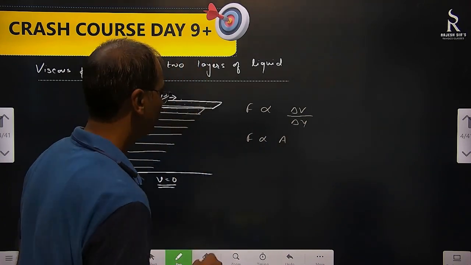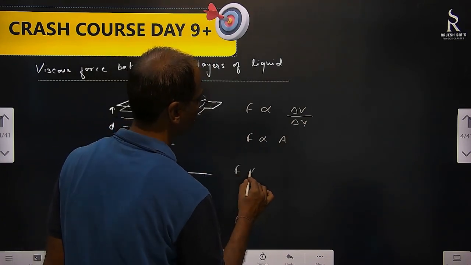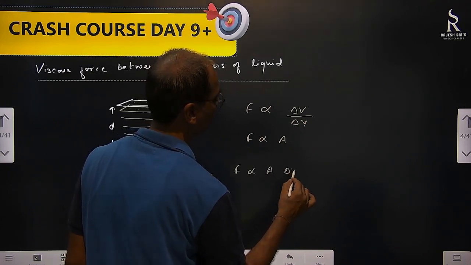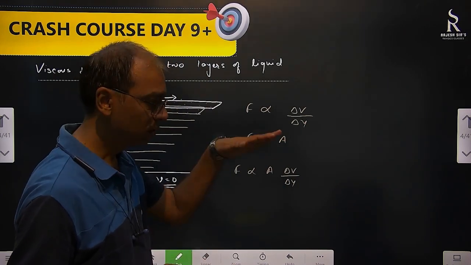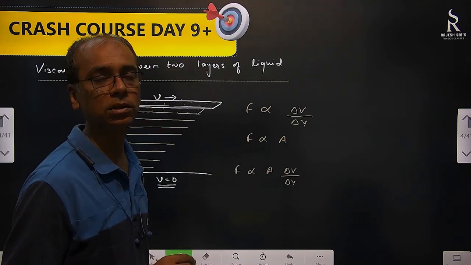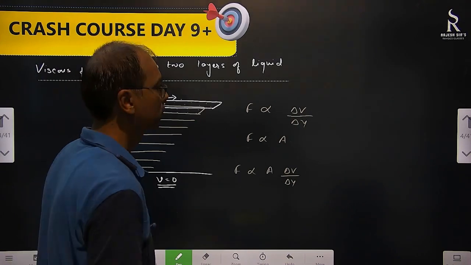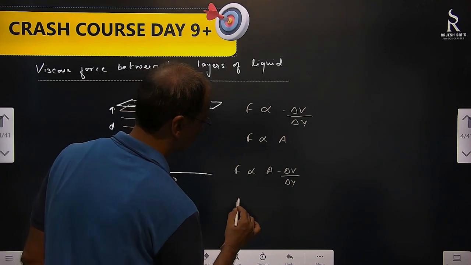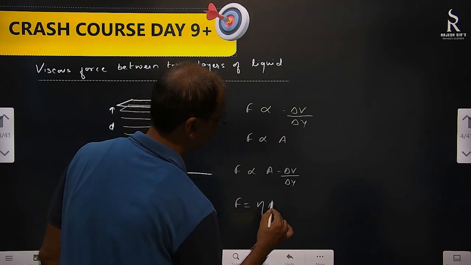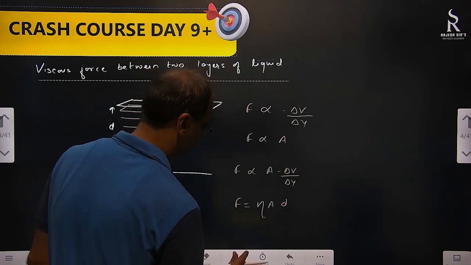Let's combine them. So F is proportional to A delta V by delta Y. Now this delta V by delta Y is actually negative. Why? Because as you are coming down, velocity is decreasing, so delta V will be negative. So we'll put a minus here. Remove this proportionality, and you get F = -eta A delta V by delta Y.